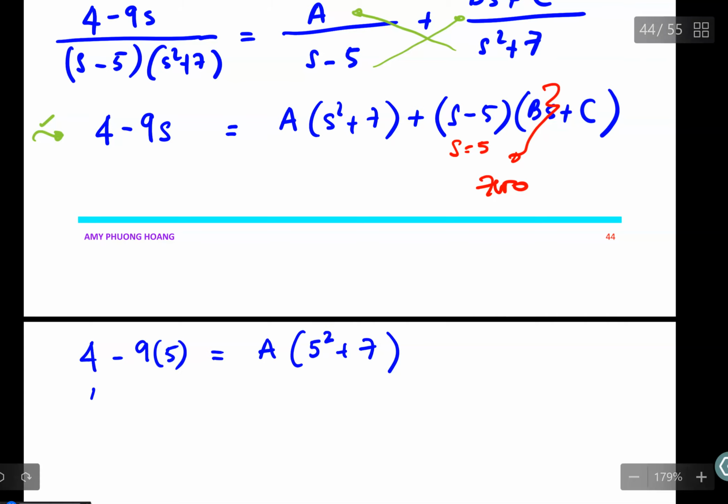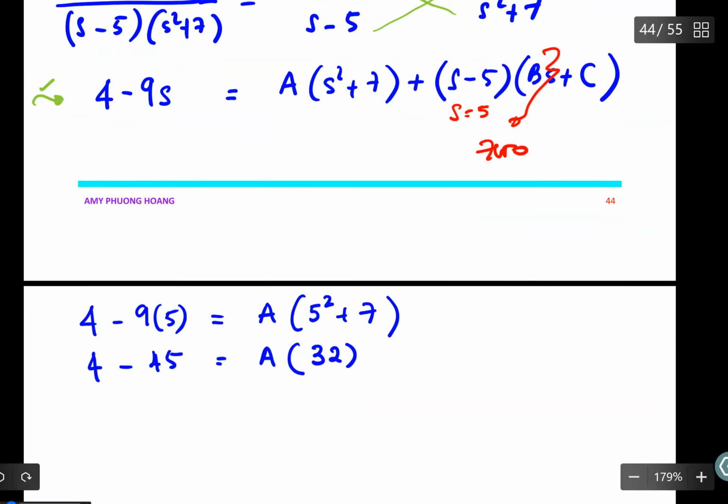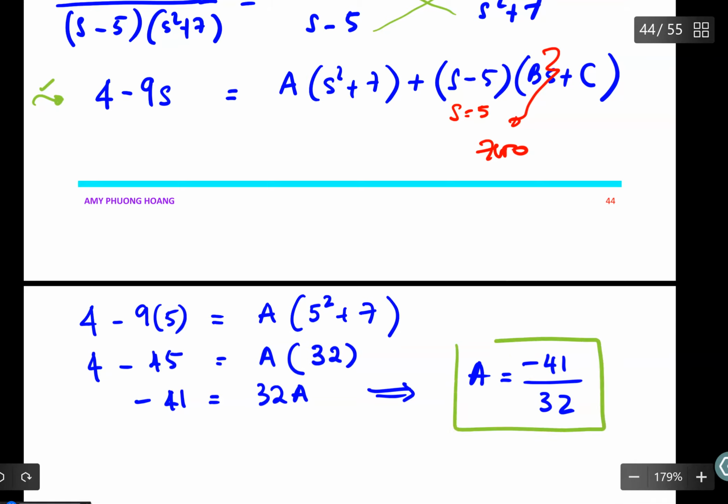So on this side of the equation, I should have 4 minus 45 equal to A, and inside the bracket, I should have 32. So negative 41 equal to 32A. Therefore, A should be equal to negative 41 divided by 32. Let's circle this, so we note that we've already found A.